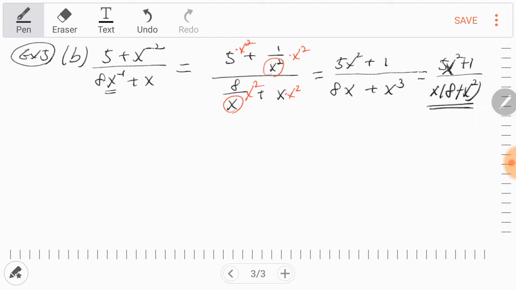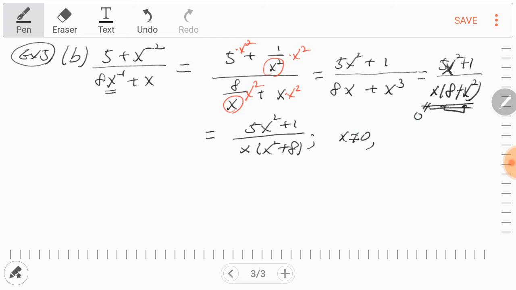And how about from this expression, you can switch this x squared and 8 if you want to write the variable term first. Usually we write the variable term first. So x times x squared plus 8. How about the restricted values? The restricted values, okay, this factor cannot be equal to 0. So x is not equal to 0.